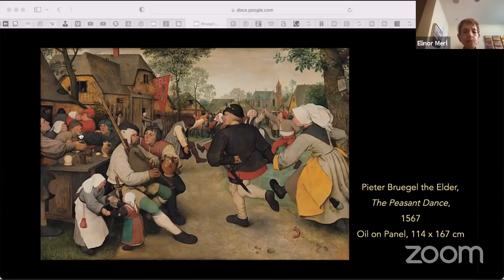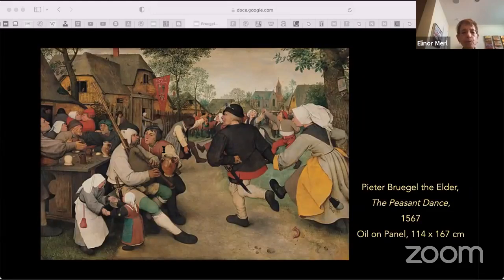In typical Bruegel style, the lively peasant scene provides the viewer with a glimpse of social history. Each figure in the Peasant Dance is caught in action, feasting, drinking, dancing, chatting, possibly about to fight. The figures running toward the center of the picture in particular provide a real sense of life and movement within the piece. But there is more.